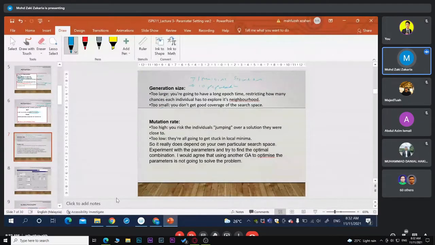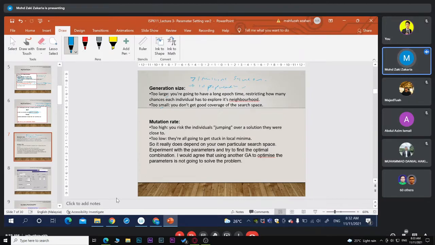This is too small compared to the total population, so it is difficult to get a good solution for this problem. So maybe you can put 1,000 population or 100 population, at least 100 usually. 1,000 is too big because it needs time to evaluate. Okay, that is for population size.